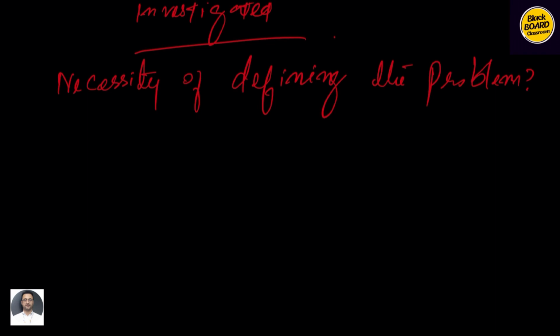Defining the research problem is crucial because it sets the direction of the entire research process, helps researchers focus their efforts and allocate resources effectively, and ensures that research contributes to existing knowledge or addresses a practical need.